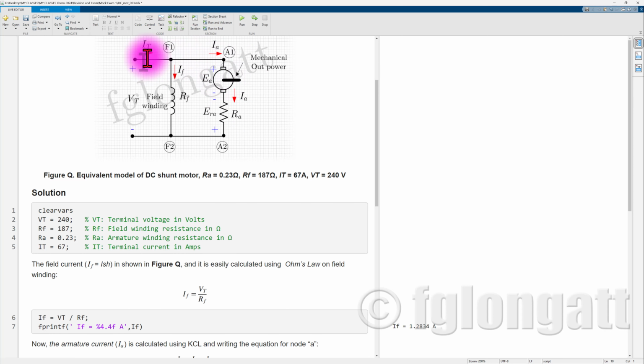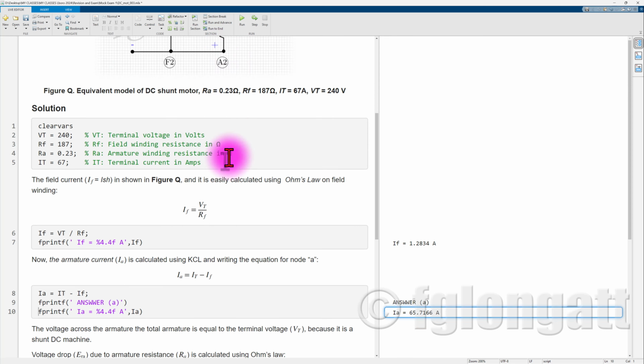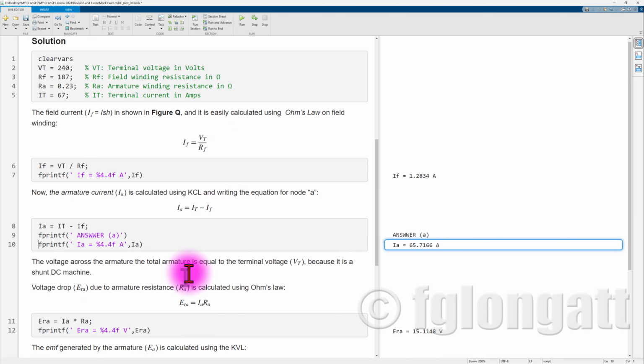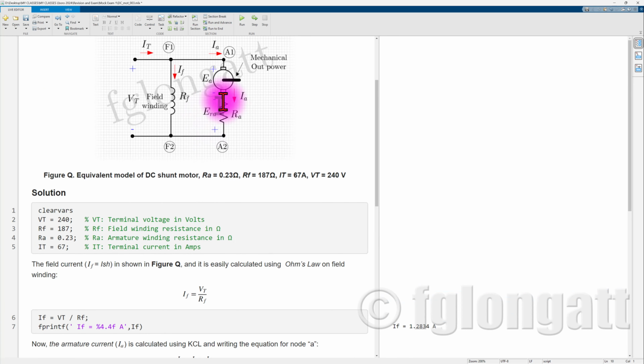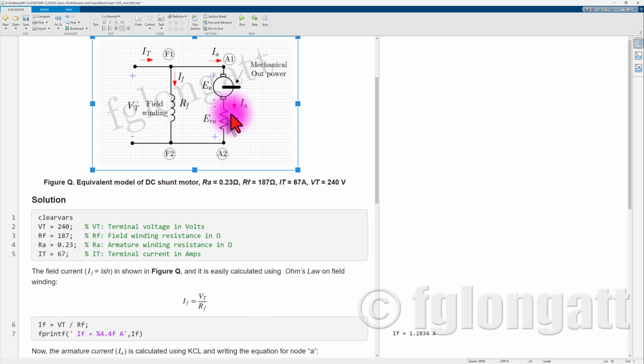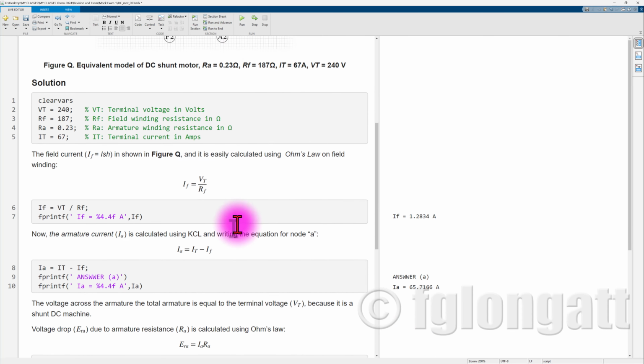The next step is to calculate the EMF at the armature. You must remember that this is a shunt connection, and from circuit analysis it's simple to see that the terminal voltage is the same voltage between terminals A1 and A2. We can calculate the voltage drop across the armature resistance using Ohm's law.